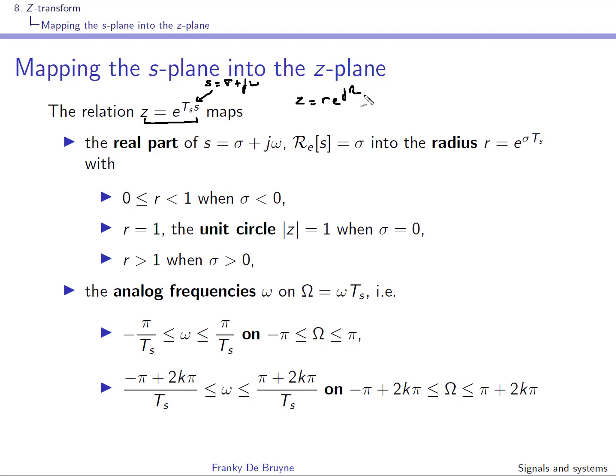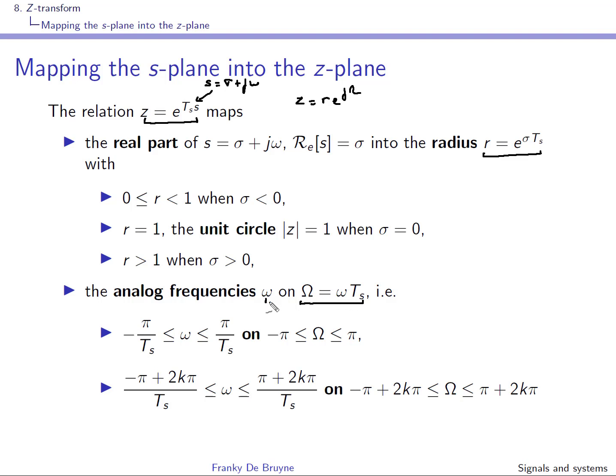So it's a complex variable in polar form, where r is the radius and it depends on the sampling period and on the damping coefficient sigma, and the discrete frequency omega is linked to the analog frequency omega times Ts.